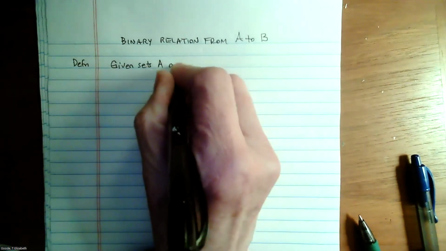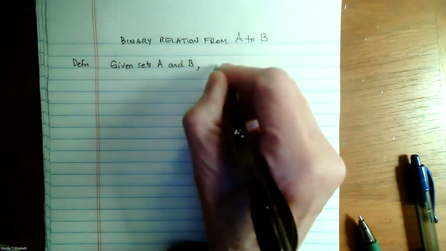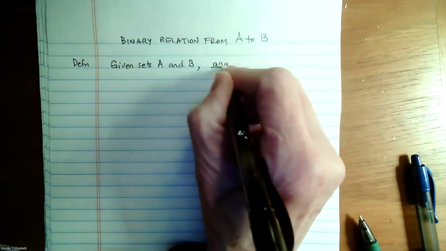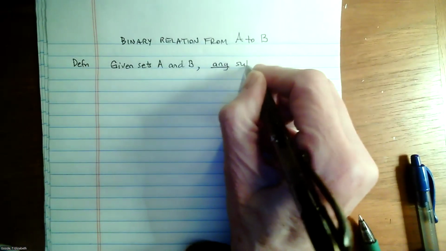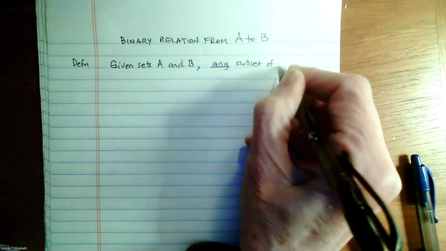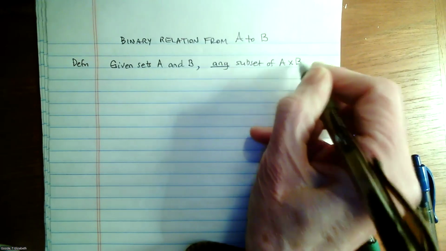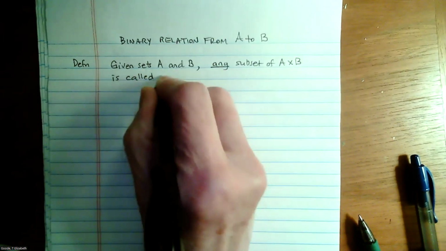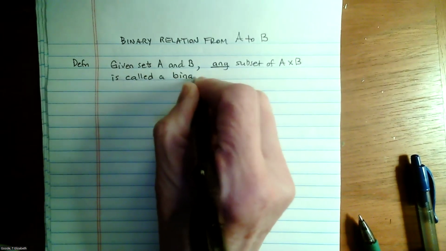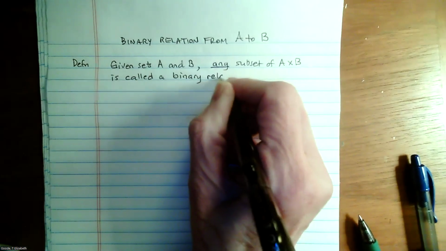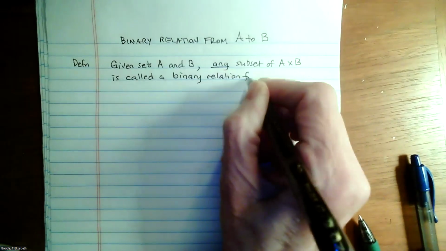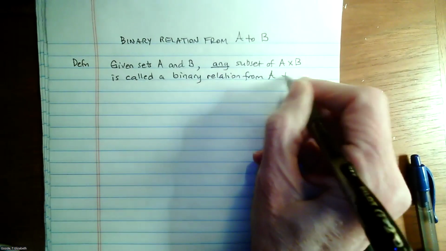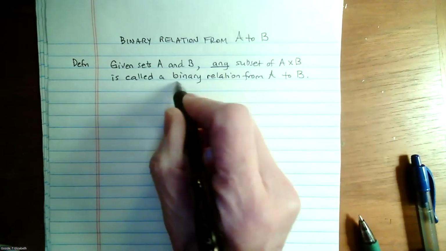Given sets A and B, any subset, so I want to just emphasize any subset of A cross B is called a binary relation from A to B.